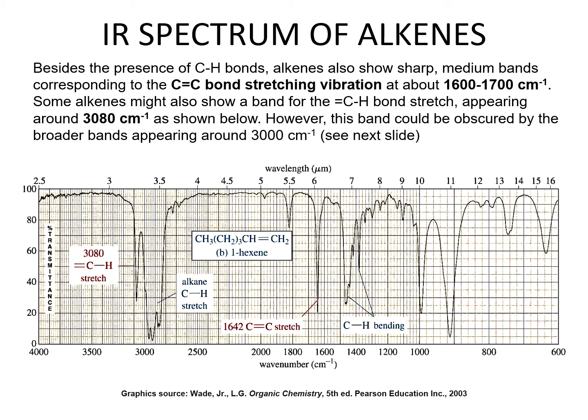But of course, the alkene can contain hydrogen, like the vinyl hydrogen, which means the hydrogen is connected to a carbon bonded to a double bond, and as a result it will have an absorption around 3080 centimeter inverse in the IR spectrum.